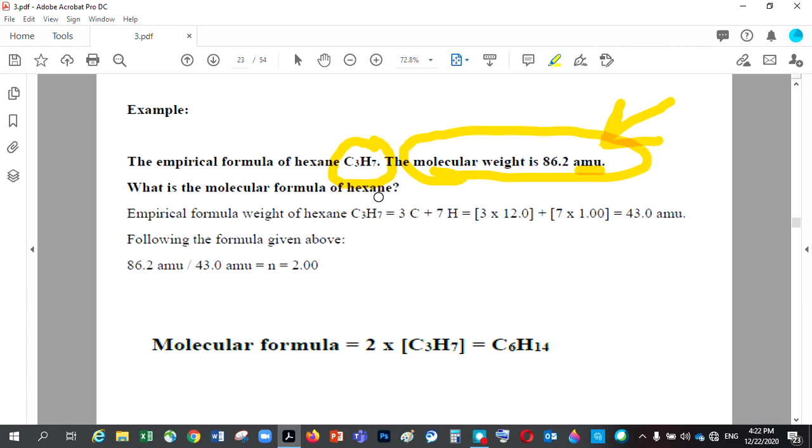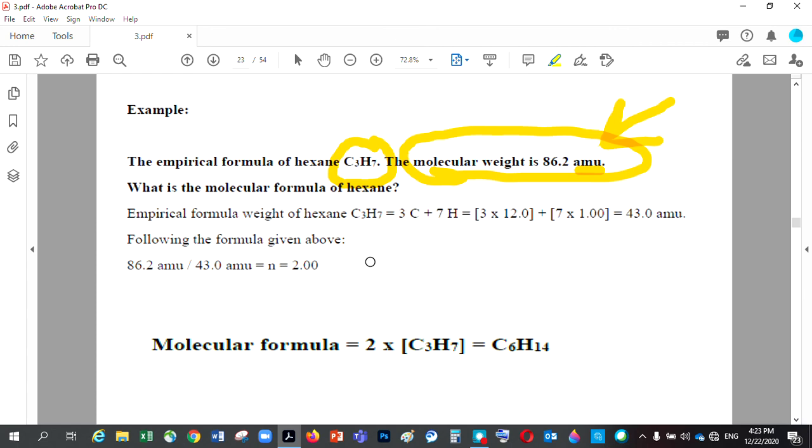But let's calculate. The example is giving us the molar mass of the whole compound hexane, 86.2, and gives us the empirical formula, and asks for the molecular formula, the real, actual ratio of the elements within the molecule hexane.